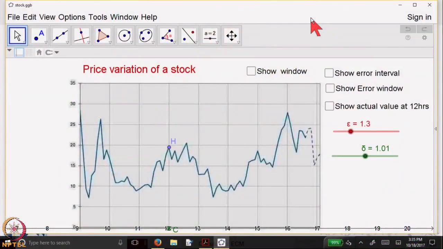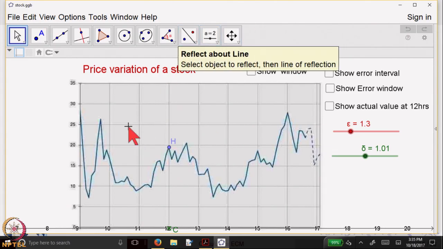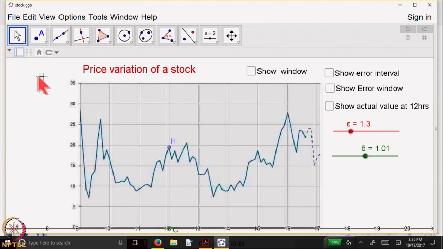So, here is the applet that I am going to use, in a software called GeoGebra. In this we are going to look at the price variation of a stock. On a particular day, we looked at the price of a particular stock of a company from morning 9 o'clock till evening 5 o'clock.